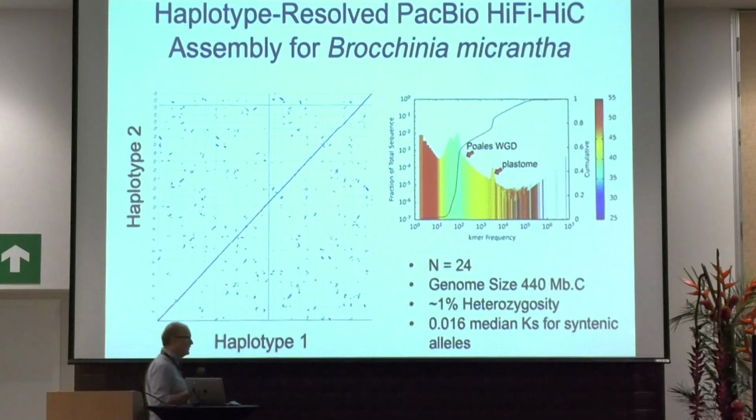Their gene content is largely the same, but there are some interesting small structural variations between these two haplotypes. There's heterozygosity that we're seeing, and the mean synonymous substitution difference for the protein coding sequences is less than 0.1.